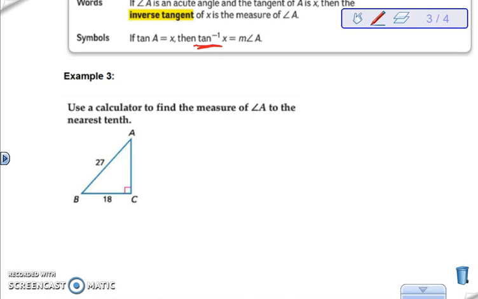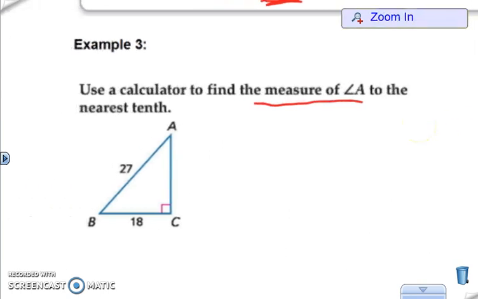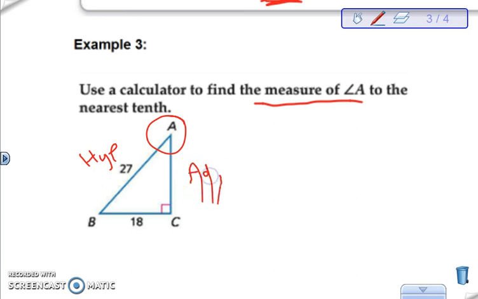So if I'm given this problem and I want to find the measure of angle A to the nearest tenth, I'm going to identify my parts. So here's my hypotenuse. Here's my adjacent side. And here's my opposite side.